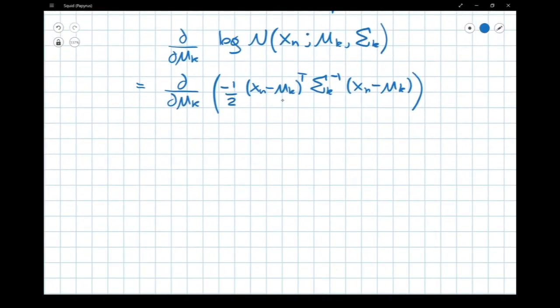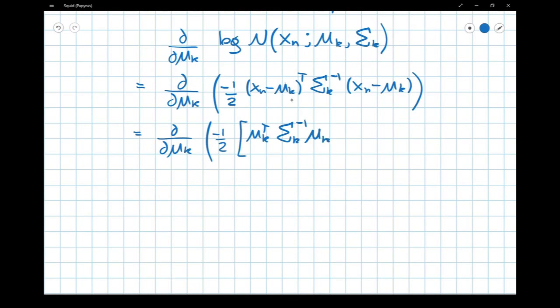And then if you multiply all this stuff out, kind of one by one, you end up with this minus a half again, multiplied by what you end up with: there's a mu_k transposed times covariance matrix inverse times mu_k.